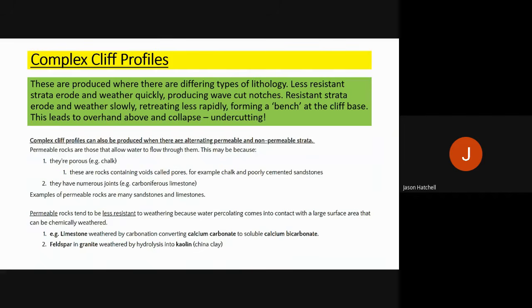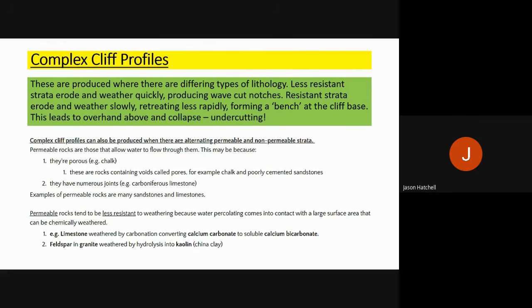So we've got to also consider whether rocks are permeable or impermeable, non-permeable. So permeable rocks are those that allow water through them because they're porous. They have pores like chalk. And they may also have numerous joints. Permeable rocks tend to be less resistant because weathering can take place on them much easier.